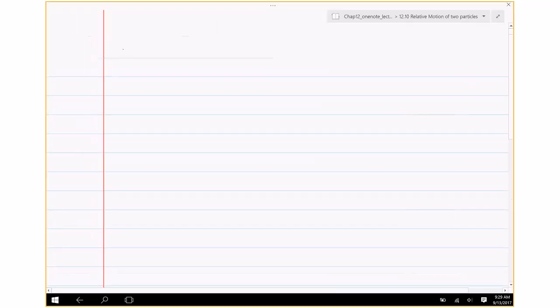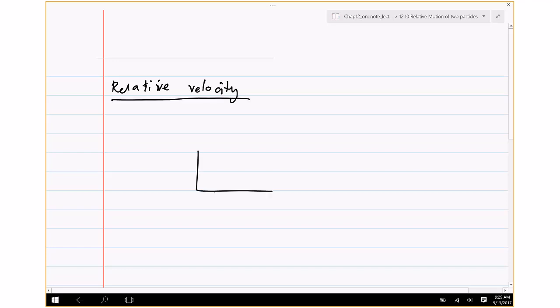So a little bit of conceptual overview before we get to problem solving. When I say ground frame, it means that this frame is fixed to the ground, fixed to the earth, it doesn't move.